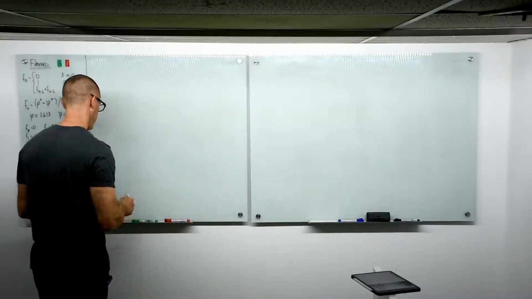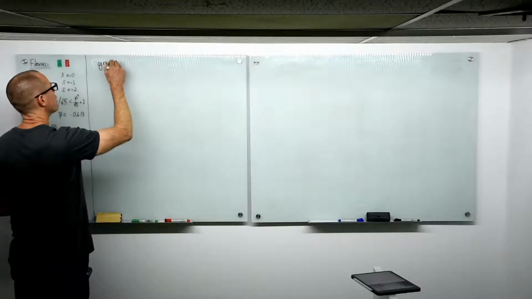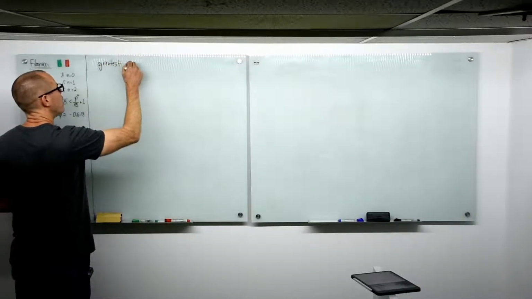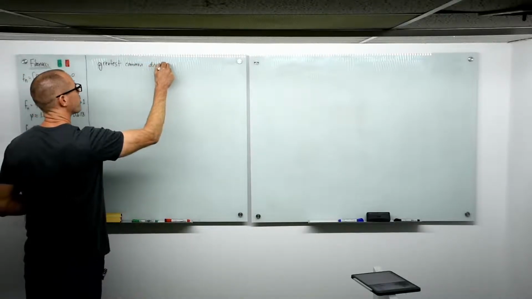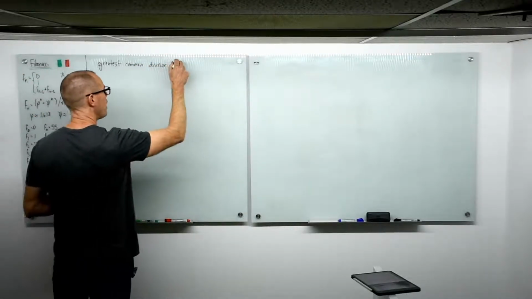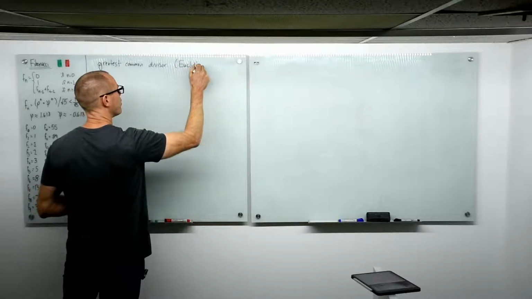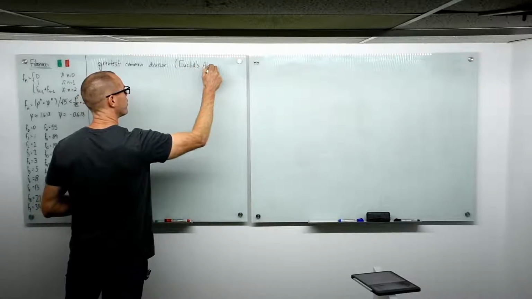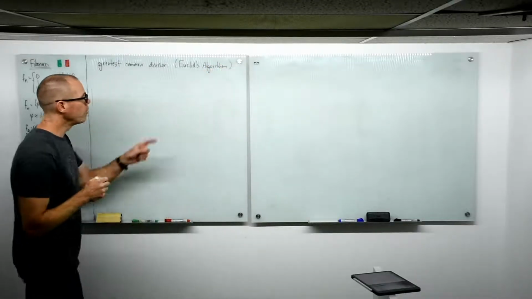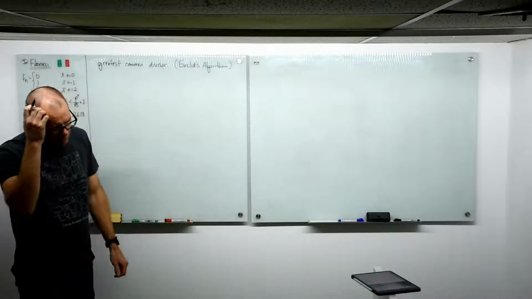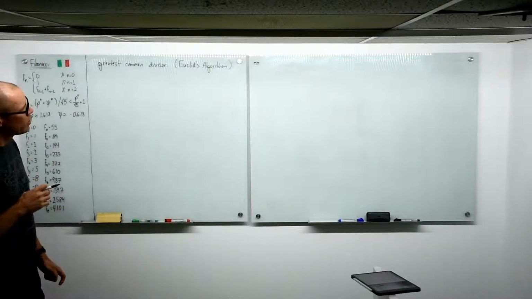So this is for the greatest common divisor. And the algorithm that we're going to study is Euclid's algorithm. You may have heard of this guy before, sort of famous for geometry.